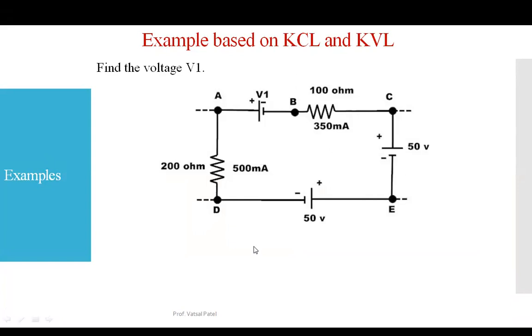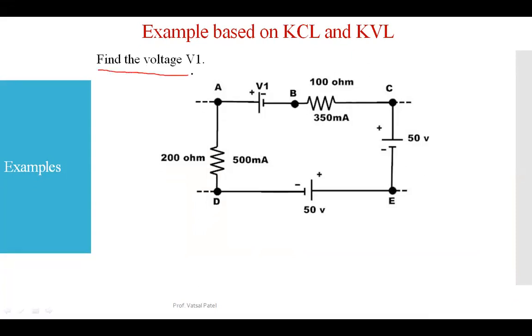No, there is no open circuit, right? Otherwise, we cannot say that it is a closed loop circuit. Now, what you have to identify here is the voltage V1. So this is what we have to identify here.